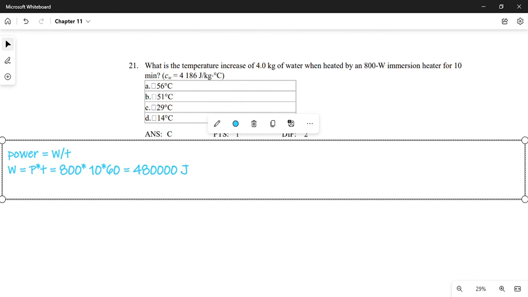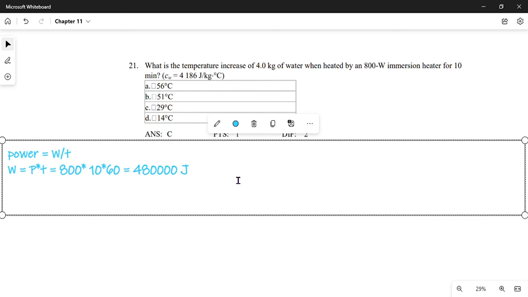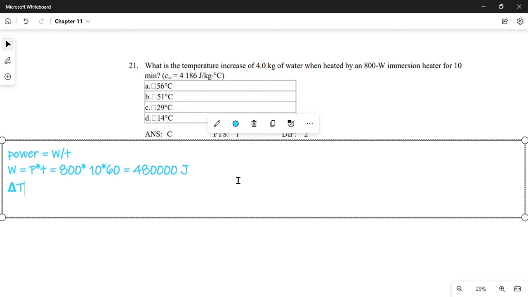Okay. Here we calculated the Q. W here equals Q. So delta T equals Q over the specific heat capacity times the mass.